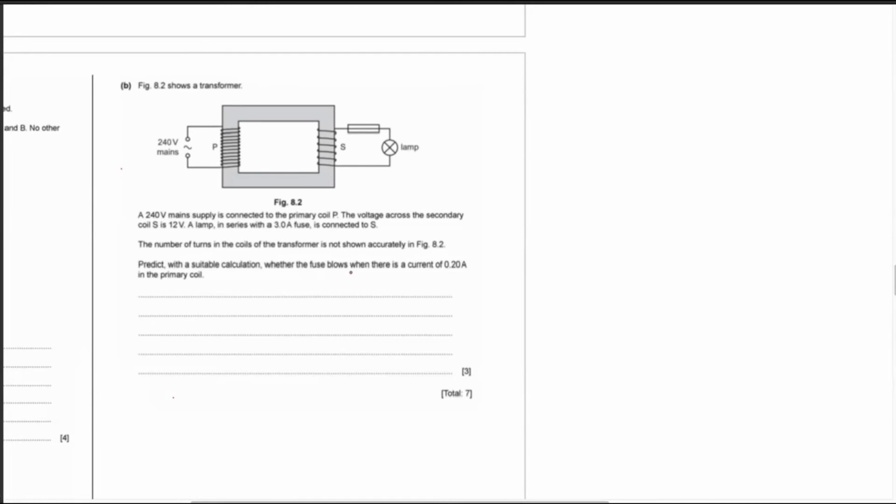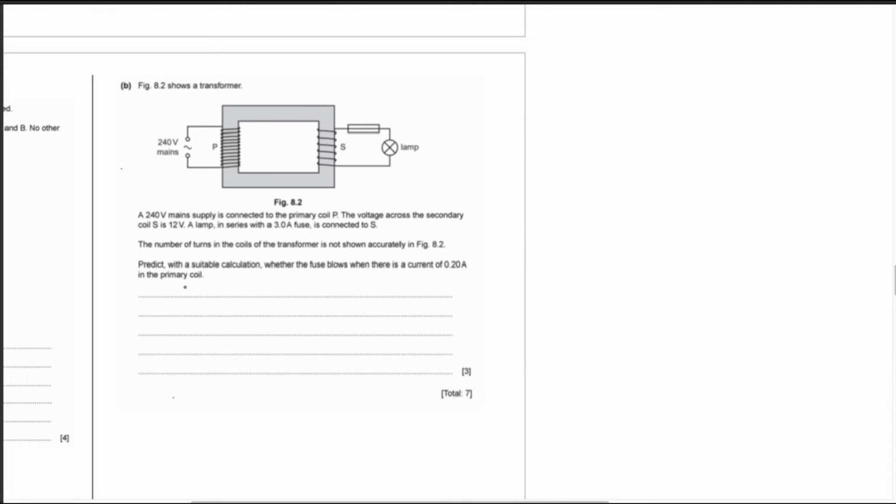Blows means the fuse wire breaks, when there is a current of 0.20 ampere in the primary coil. So we have to do calculation. Okay, let's see how we count it. We just need to find the current in the secondary coil. If it's greater than 3.0 ampere, then it blows.